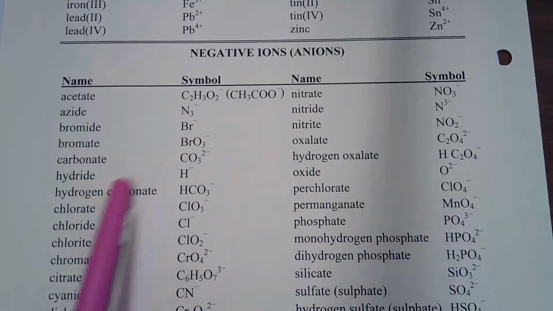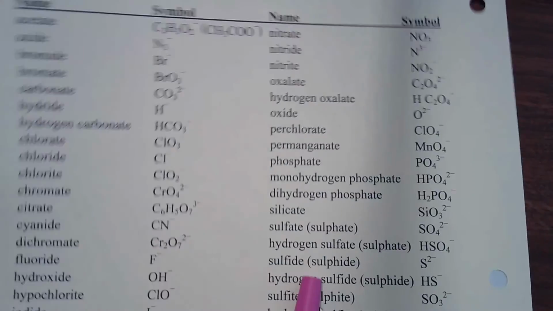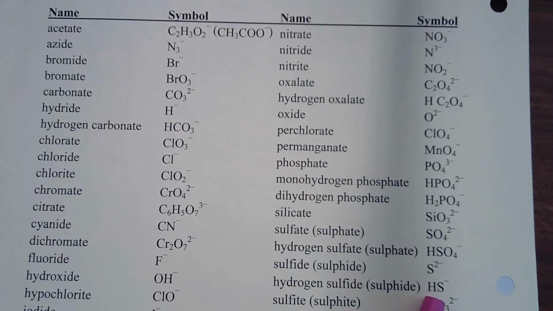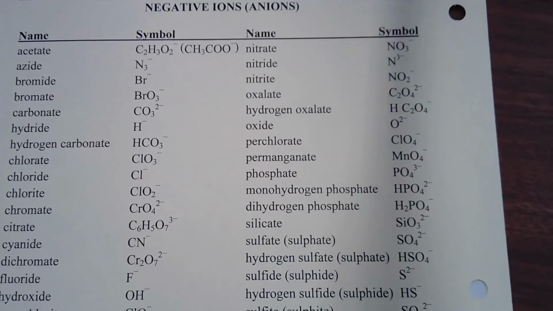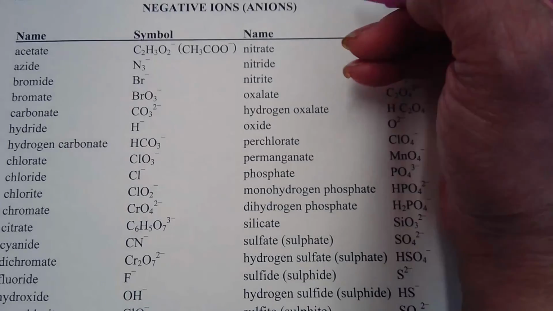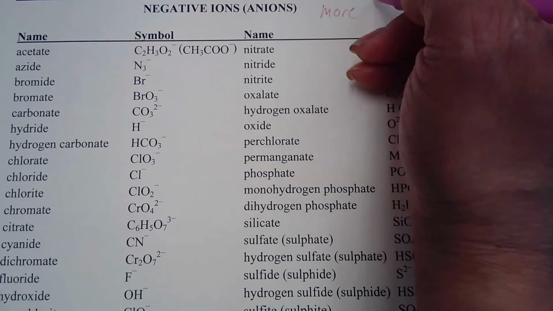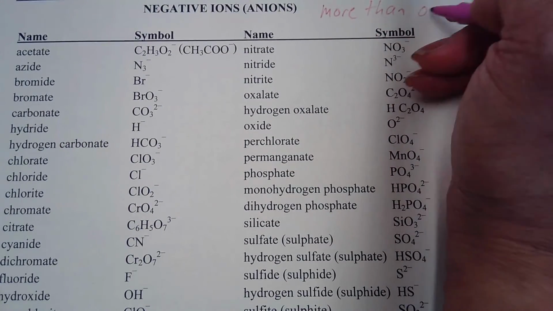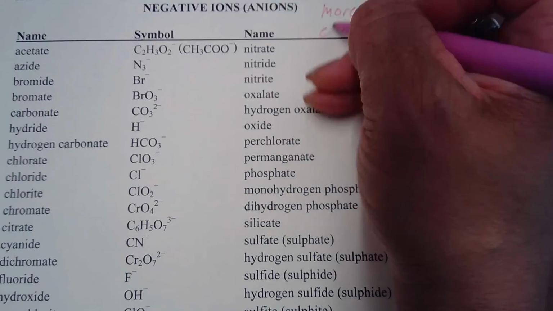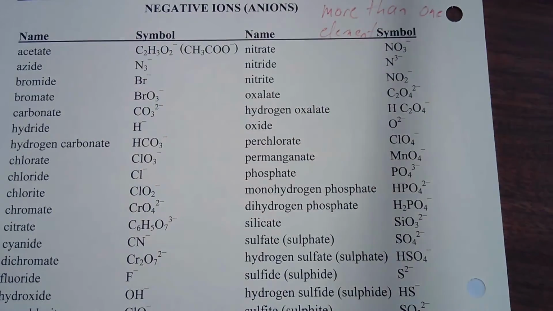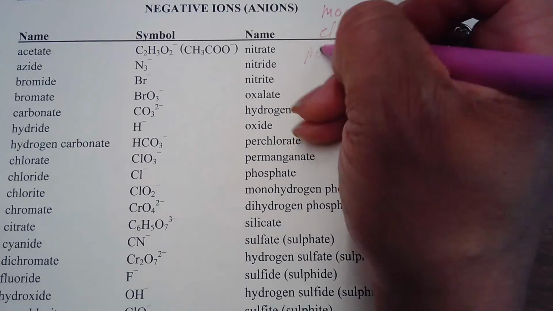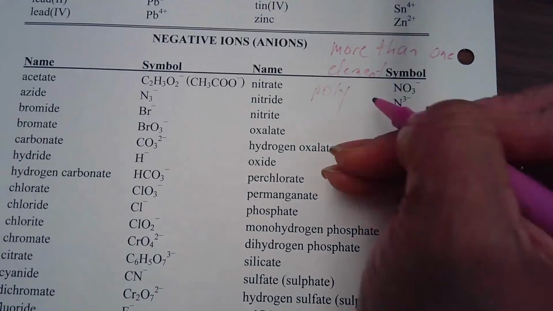Now a lot of these are the negative ions. Take a look at the bottom. These are called the polyatomic ions, okay? So if you have more than one element involved, this is called polyatomic.